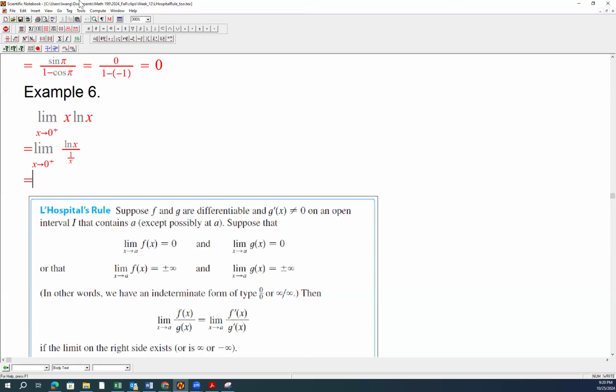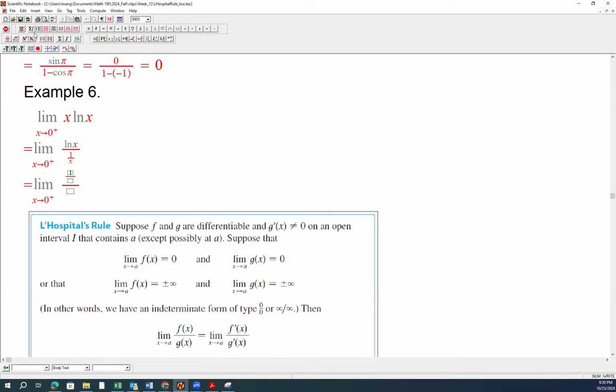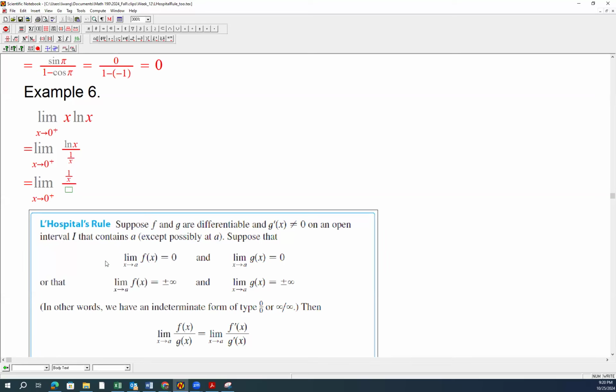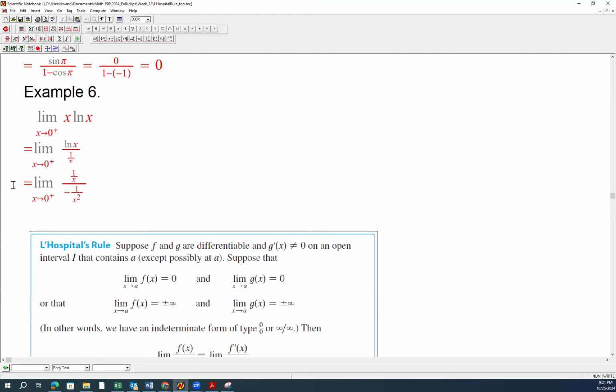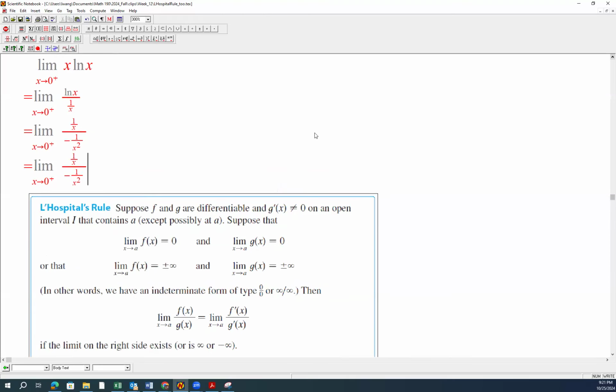The numerator is ln x. The denominator is 1 over x. The derivative of ln x is 1 over x. The derivative of 1 over x is negative 1 over x squared. And reduce it. How do we reduce this?